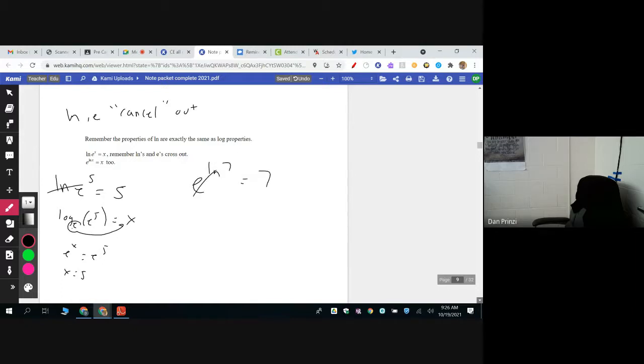So if you ever see those little identities in there, I always just think e's and ln's cancel each other out. But the thing I want you to remember here, when we do all our properties tomorrow, the properties of ln are exactly the same as log. So all the ln rules are the same as all the log rules. They're all exactly the same, okay? We're going to get going on those a little bit next time.